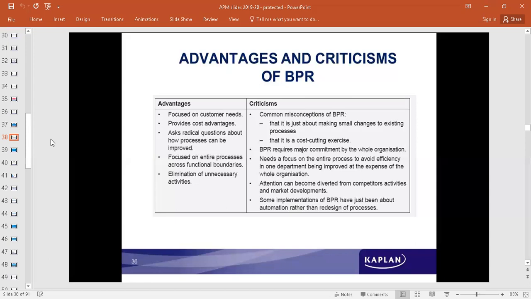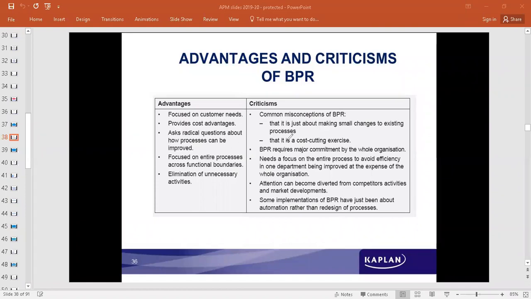So it says it provides cost advantage. It provides a cost advantage as an advantage. We also talk about the cost aspect of it as a disadvantage. It says that it is not a cost cutting exercise. What does it basically explain? When everything is radically redesigned, there is huge investment which goes into taking up those changes.